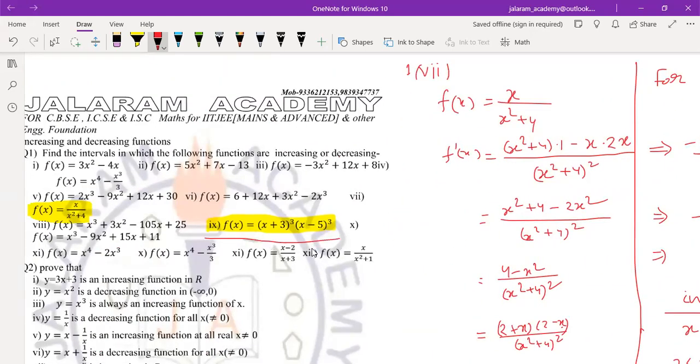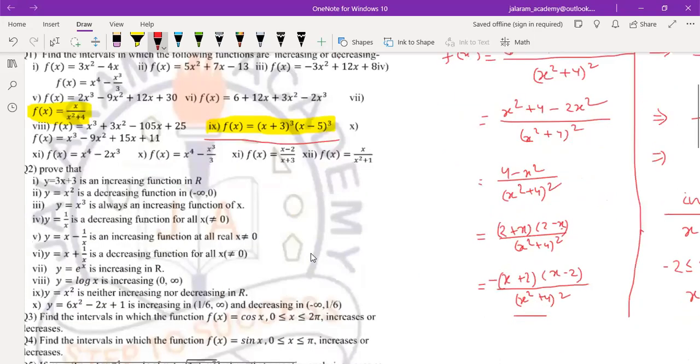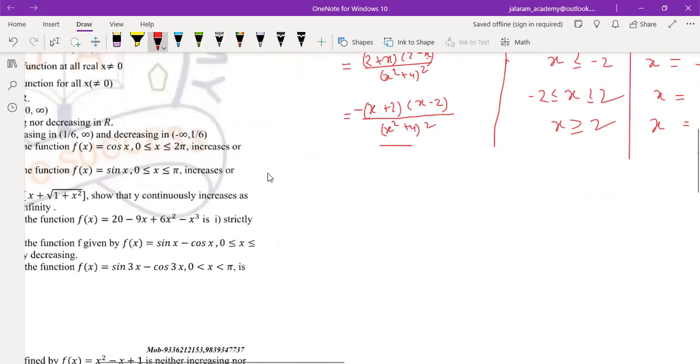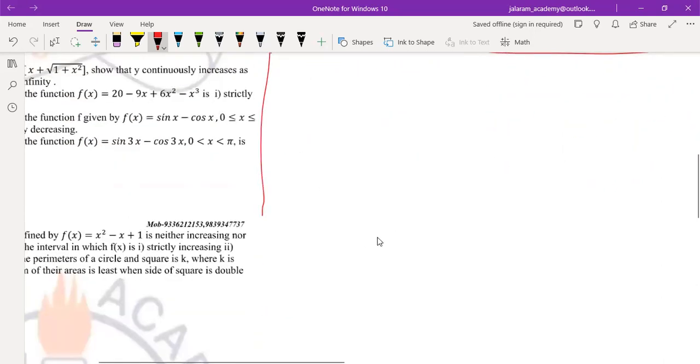Question number 9. f(x) equals x plus 3 whole cube, x minus 5 whole cube. Use the same process always to find the points of maximum, decreasing and increasing.